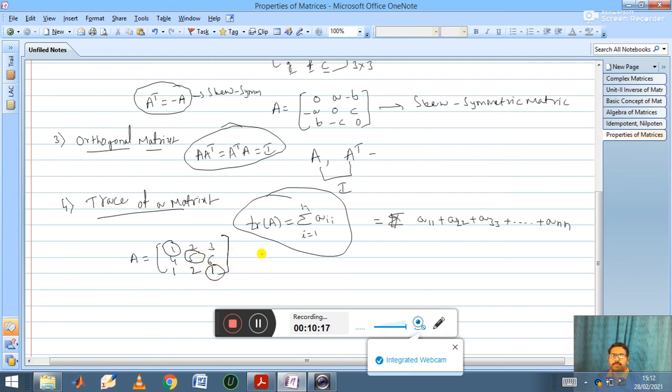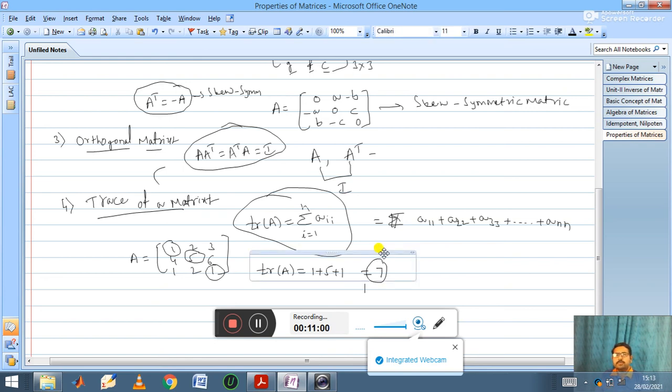Then how do we find the trace of the matrix? The trace of matrix A is equal to the sum of the diagonal elements, that is 1 plus 5 plus 1. It gives 6 plus 1 is 7. 7 is the value we got as the trace of the given matrix. So if you add the diagonal elements, it gives the trace of any matrix.